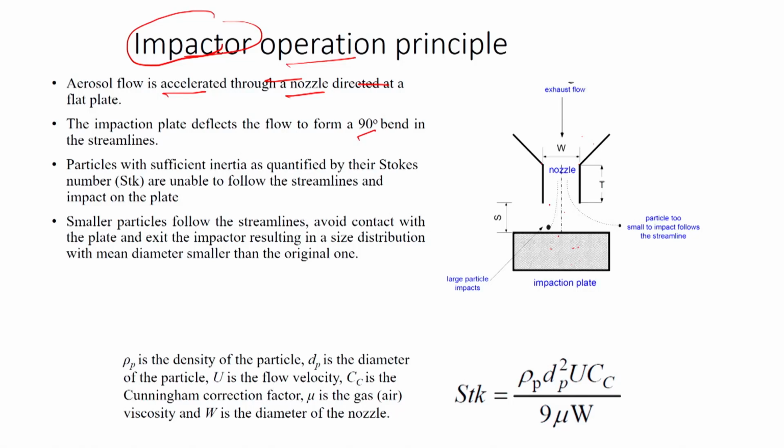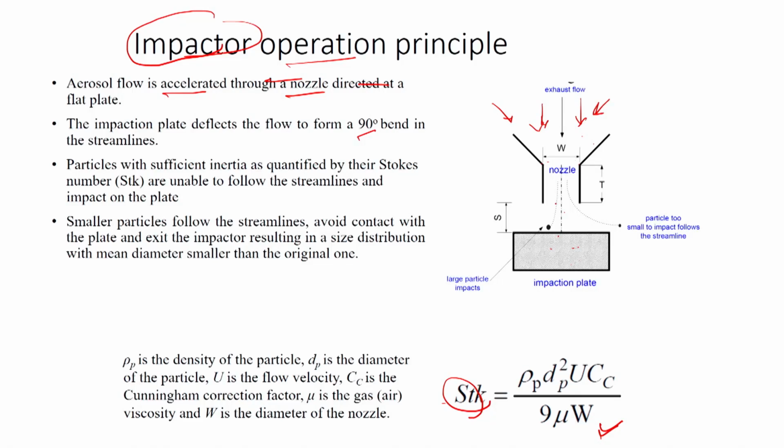If you don't have a nozzle, you cannot increase the velocity. So just to increase the velocity, that's why the impaction becomes very important. You can decide the width of the nozzle. You can see in the equations there is a Stokes number. We will be calculating this, we will come to that. So once you have airflow, like an exhaust, passing through this, all the air is coming, but there will be nozzles.